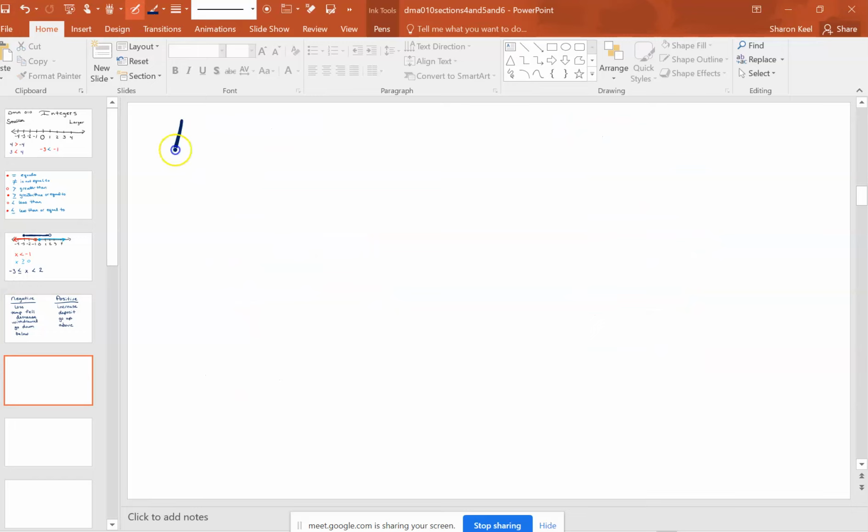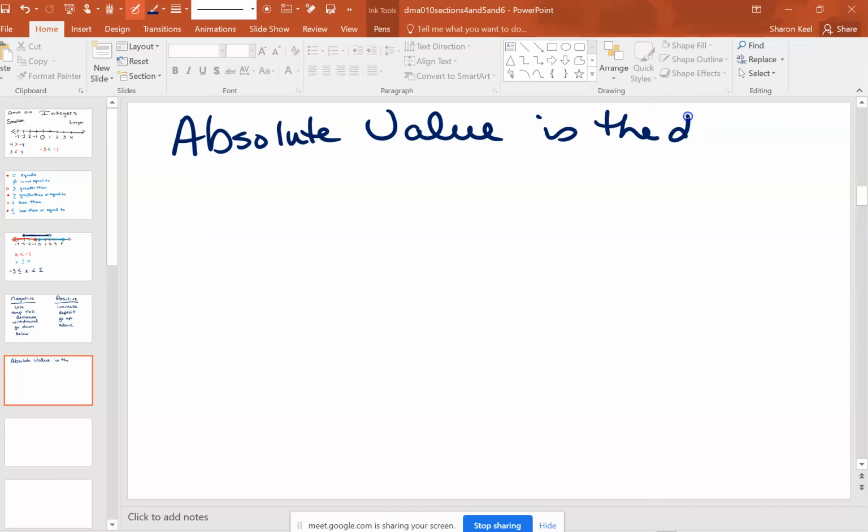There is a special word called the absolute value. The absolute value of a number is the distance a number is from zero.